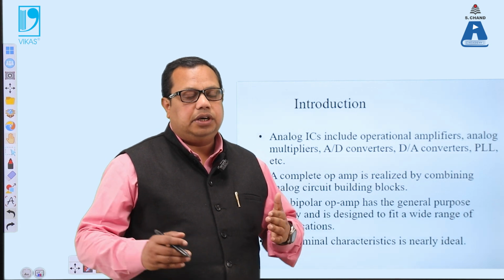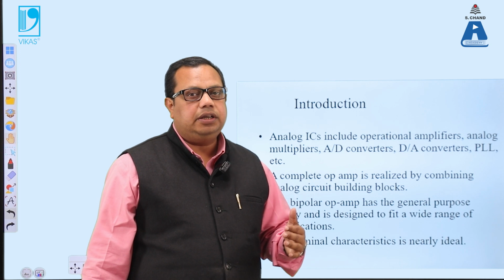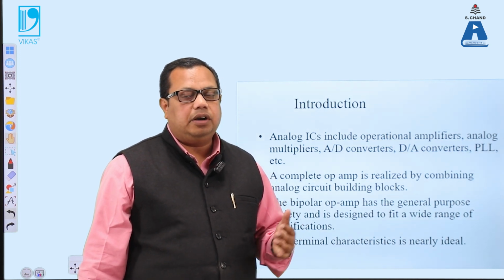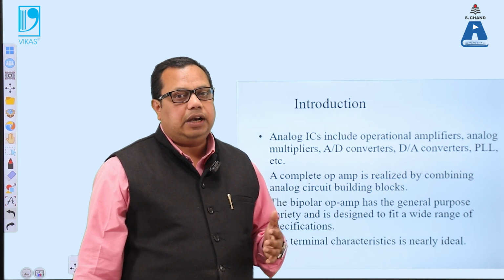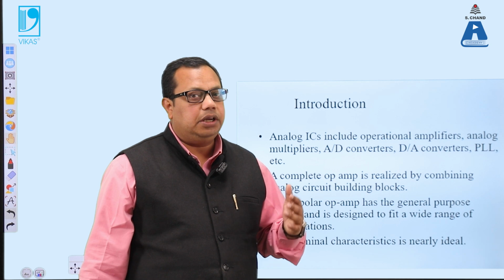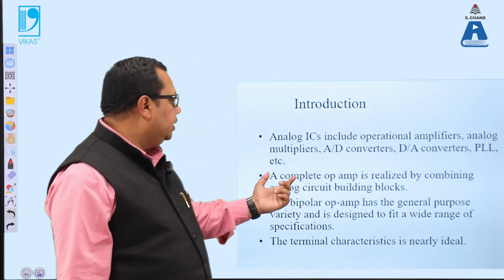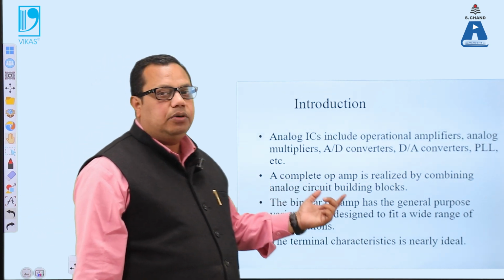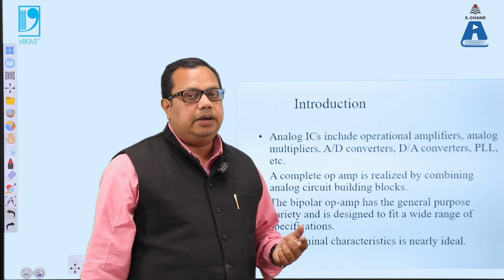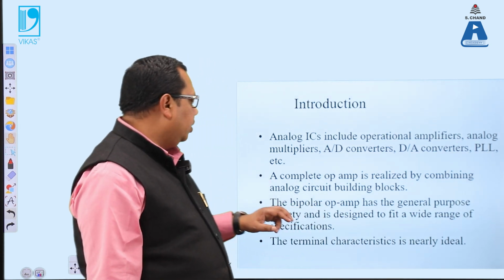How we use the different configurations of a PNP transistor, the common base configuration and the common emitter configuration, and how we calculate the current gain in that, especially alpha and beta. So a particular integrated circuit is basically made by using the analog components that we studied in the lower classes.